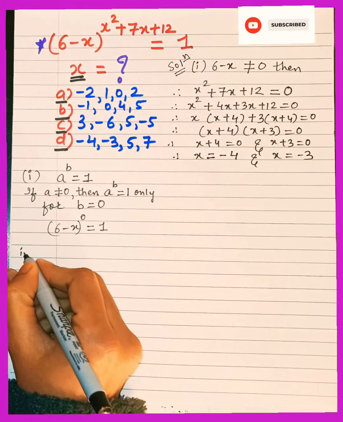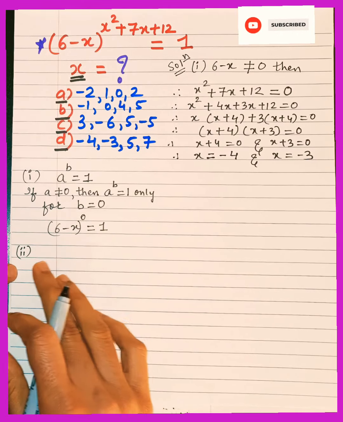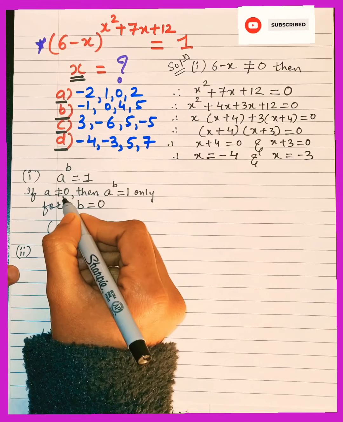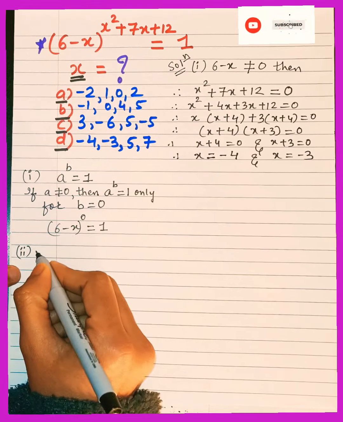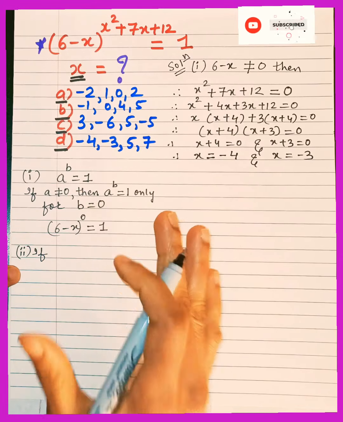Now let us move ahead with the second situation. I told you there are three situations. In the first case we took A not equal to 0. Now if it is not equal to 0, then it can be 1 or minus 1.